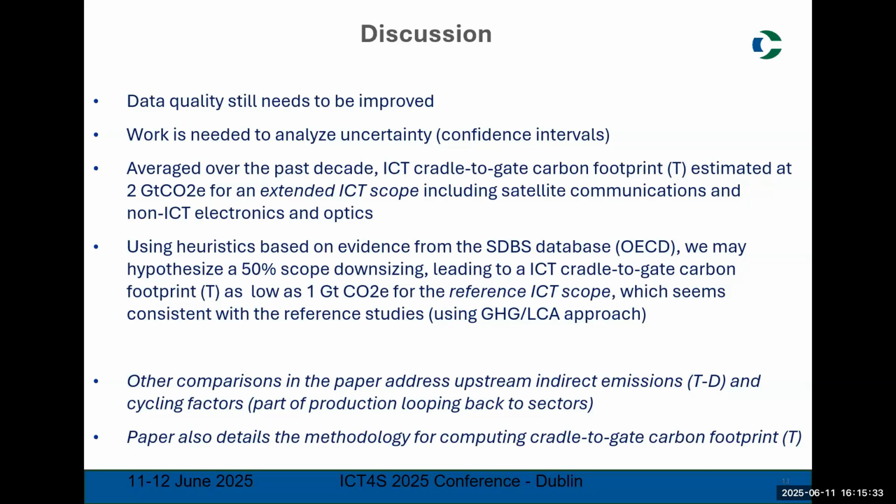If we take this ratio and downsize accordingly, the ICT footprint gives 1 gigaton of CO2 equivalent, which now seems consistent with the reference studies. So it may be a perimeter issue. In the paper, we also investigate other comparisons, including upstream footprint structure and cycling factors.